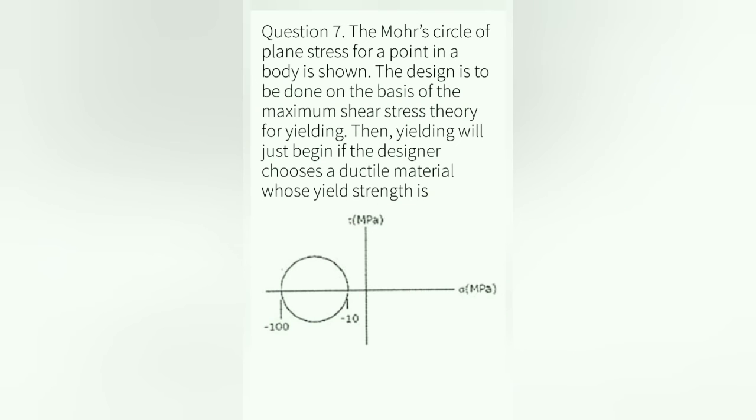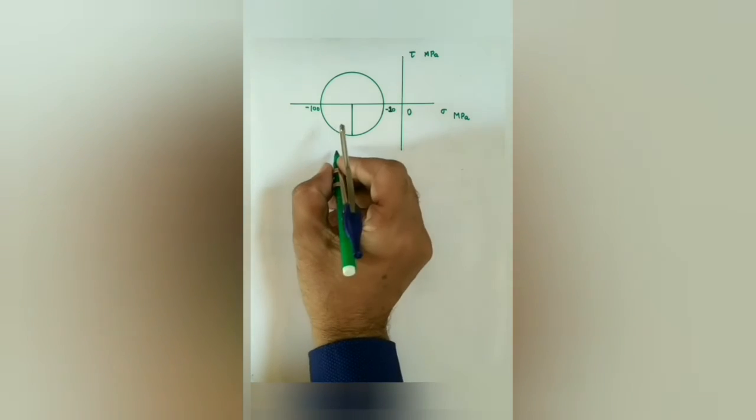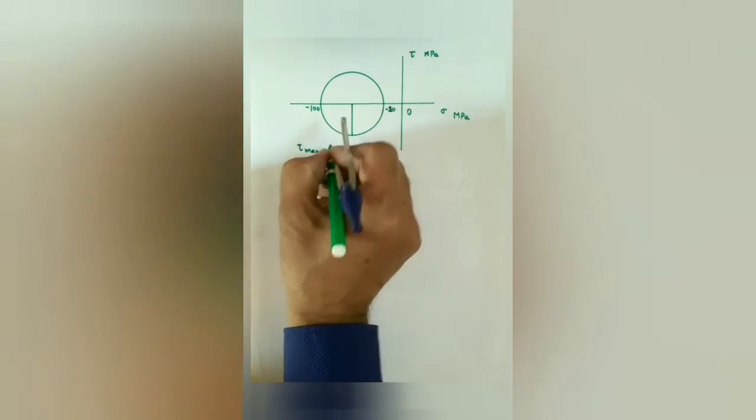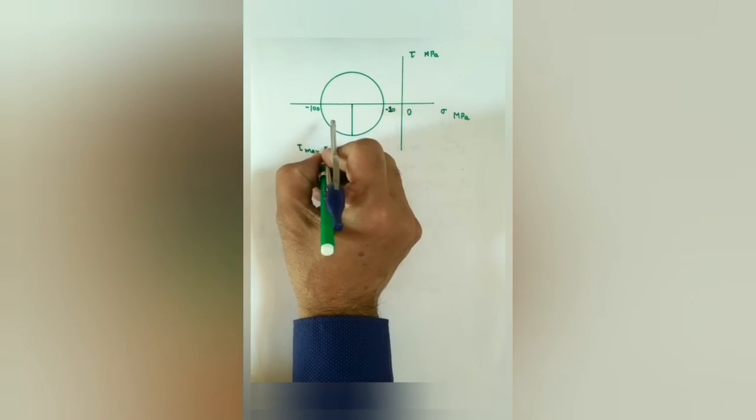The next question is, the Mohr circle of plane stress for a point in a body is shown below in the figure. The design is to be done on the basis of the maximum shear stress theory for yielding. Then yielding will just begin if the designer chooses a ductile material whose yield strength is? So we have to find tau max and then the yield strength. Tau max on the Mohr circle, we know, is equal to the radius of the Mohr circle.